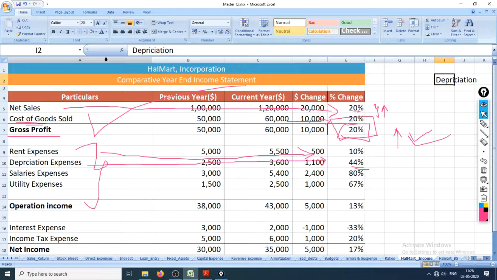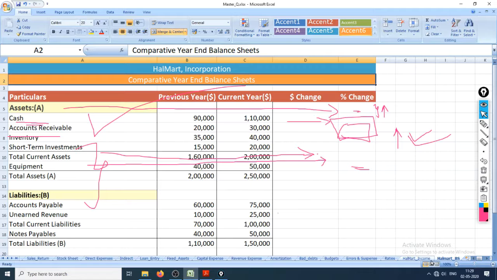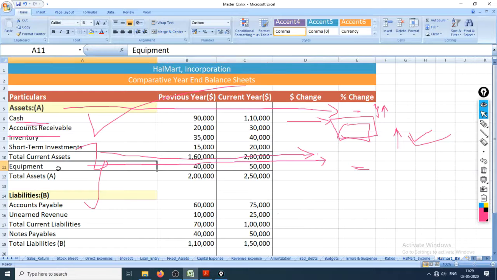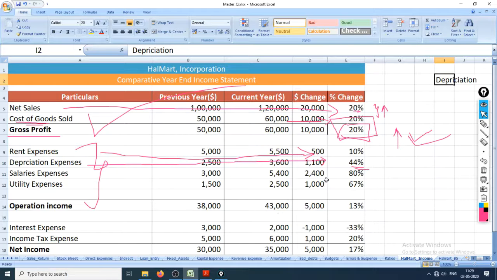If there is not, then this depreciation is something we need to question, so I'll write this depreciation here so that when we move on to the balance sheet, we can compare the fixed asset, that is equipment. Equipment has increased 25% only, but we'll see that in the next one.